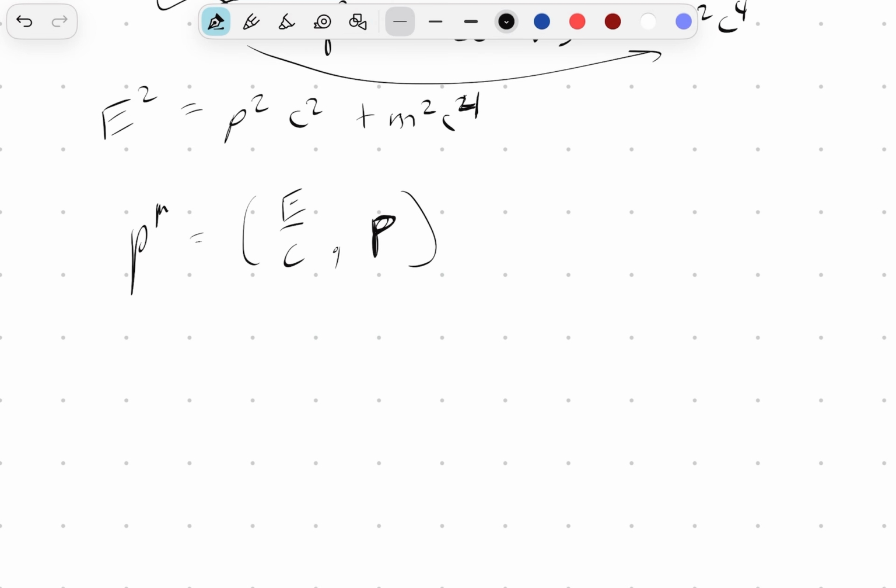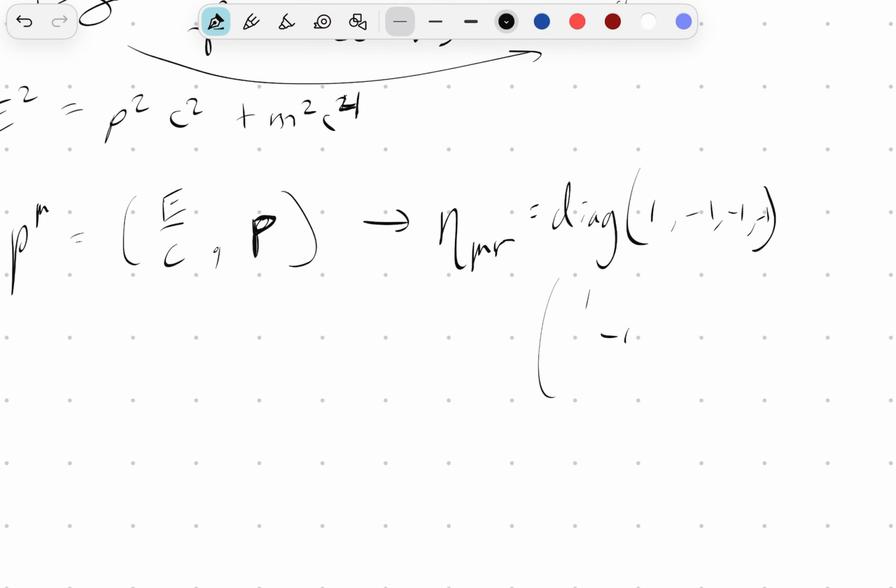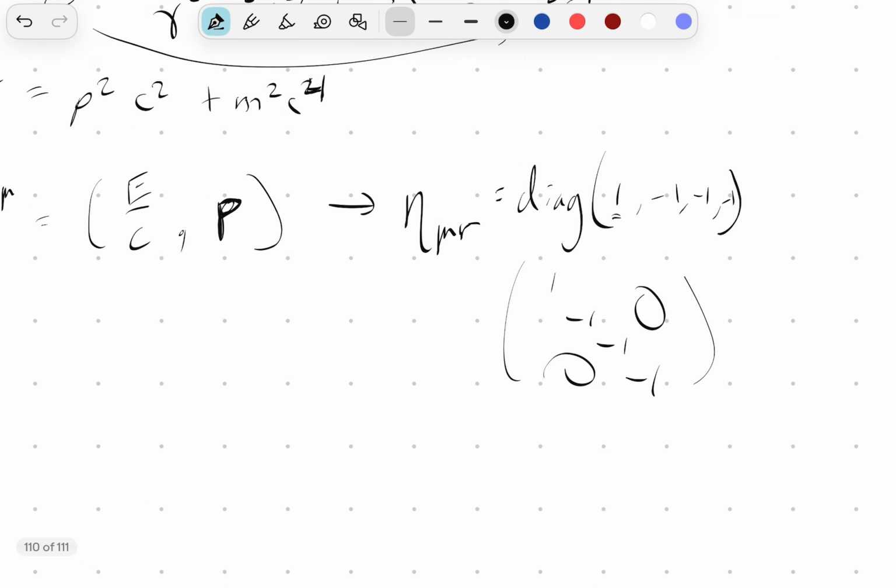So this would be more like a bold p for the vector. And it has something called a Minkowski metric, which looks like eta mu nu commonly. And this is just a diagonal matrix that runs from 1 and then minus 1s, like this: 1, negative 1, negative 1, negative 1. Okay? So positive for the time component, negative for the space component.